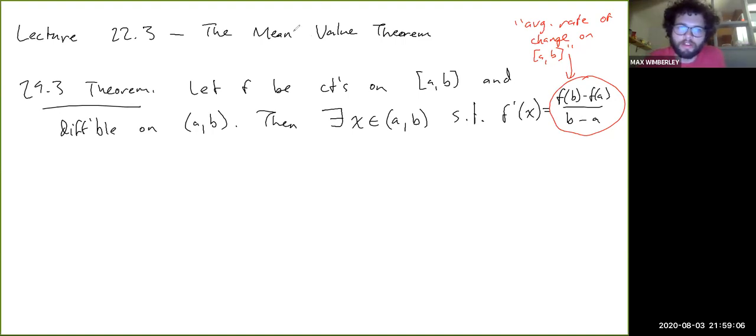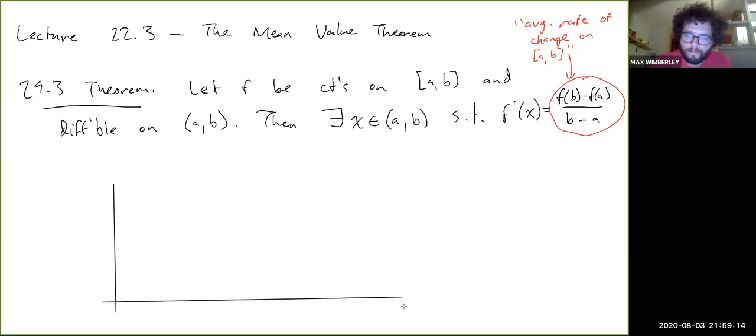So like here, let me draw a picture. So here's the x-axis, here's f of x.